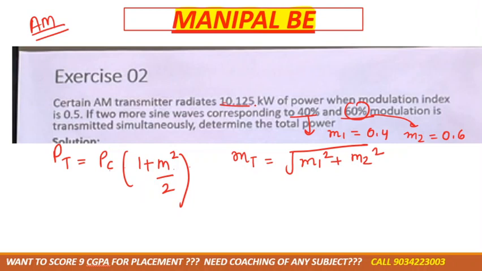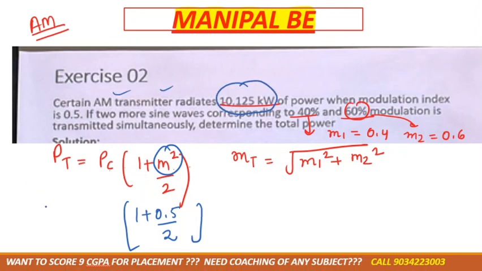Now they said the modulation index is 0.5, that is 0.5 square multiplied by 2, and the AM transmitter radiates total power, they have given, that is 10.125 equal to PC. So can we get the value for PC from here? Calculate the value of PC.